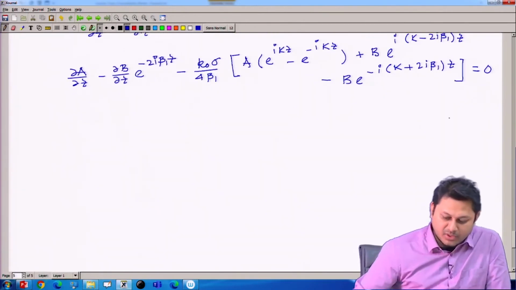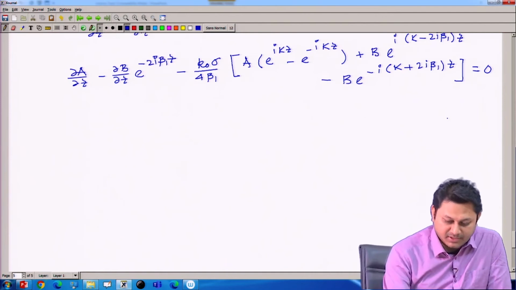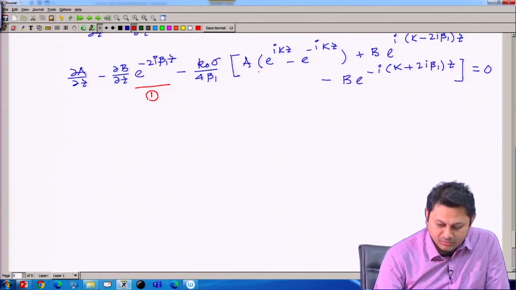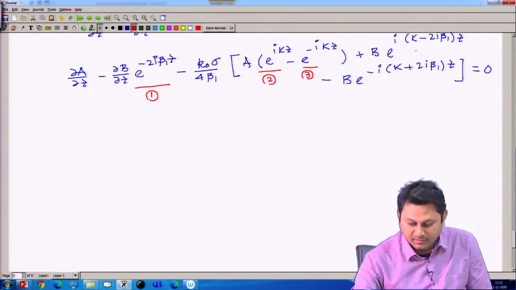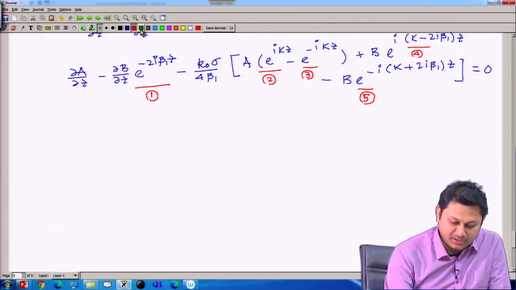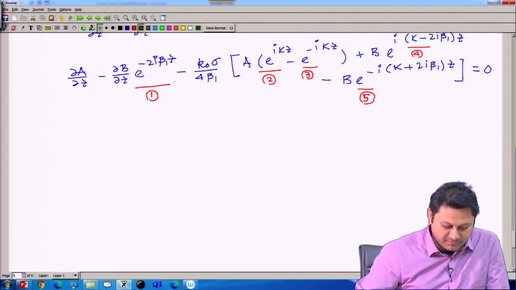Now, let us try to understand how many exponential terms are there. Here we have the first exponential term, here the second, here the third, this is the fourth, and finally, I have the fifth exponential. So, there are 5 exponential terms. Let me write down all these 5 exponential terms.